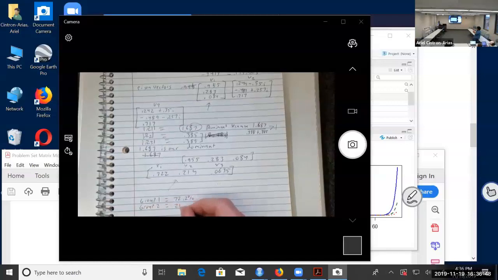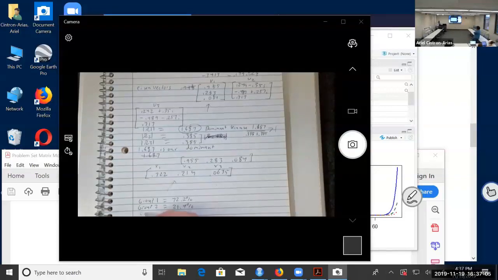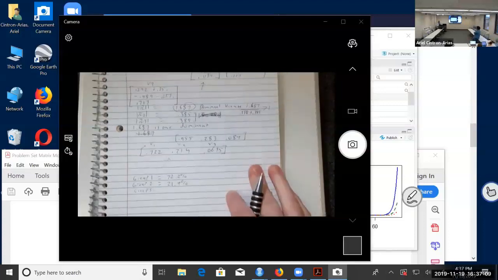I think I said fractional population. Group 2 is going to be 21.4% of the population as you iterate more and more over time. Group 1, group 2, and then group 3. I still have to write group 3. You need to push that a little upward so we can see.